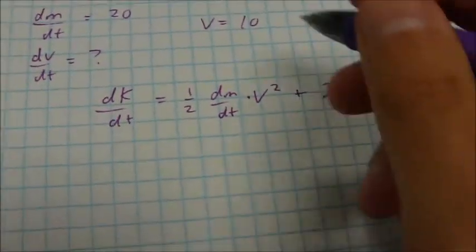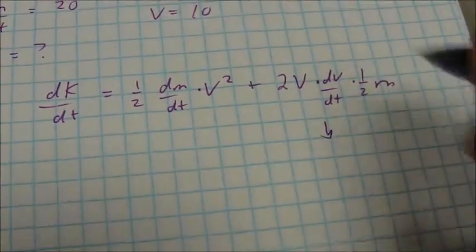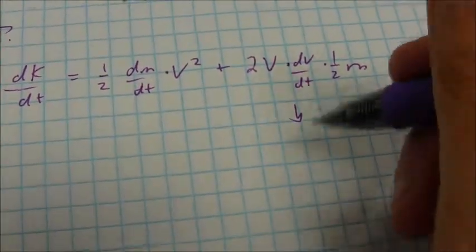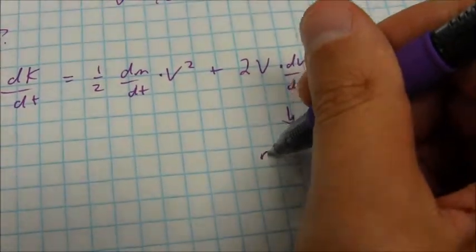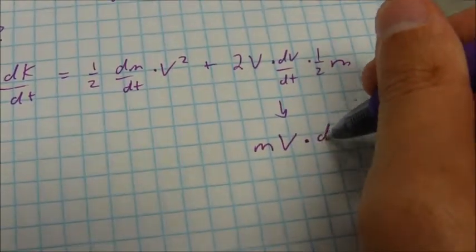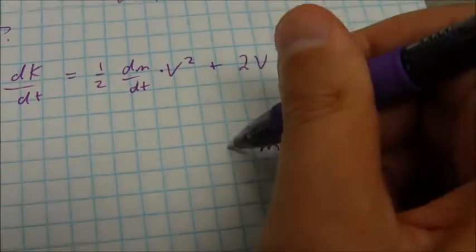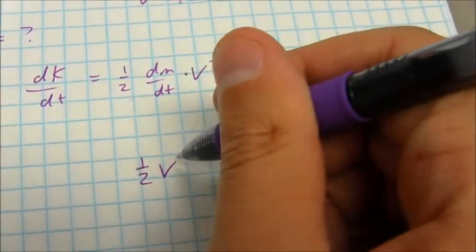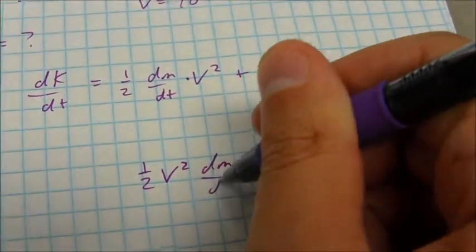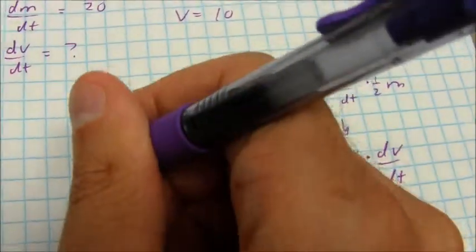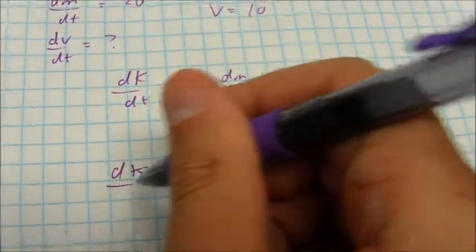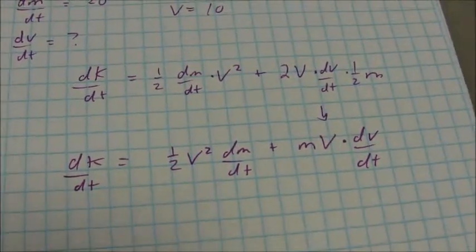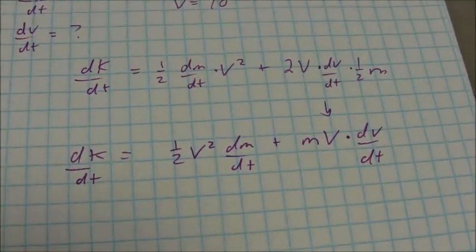A lot of simplifying here I can do. In this case, 2 times 1/2 is 1, so I'm just going to have mv times dv/dt plus, I'll write this as, 1/2 v squared dm/dt equals dK/dt.